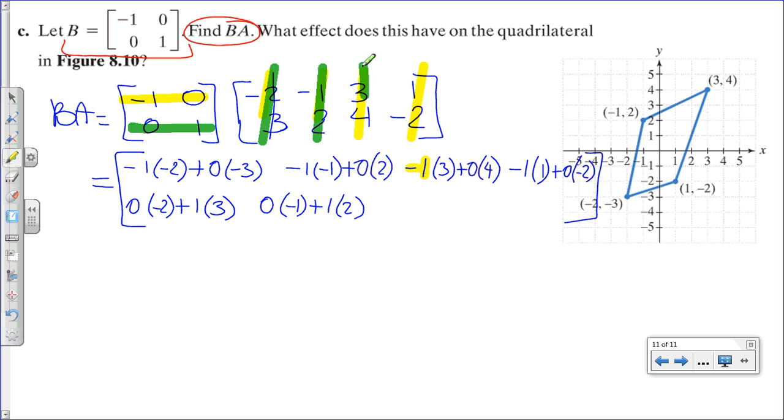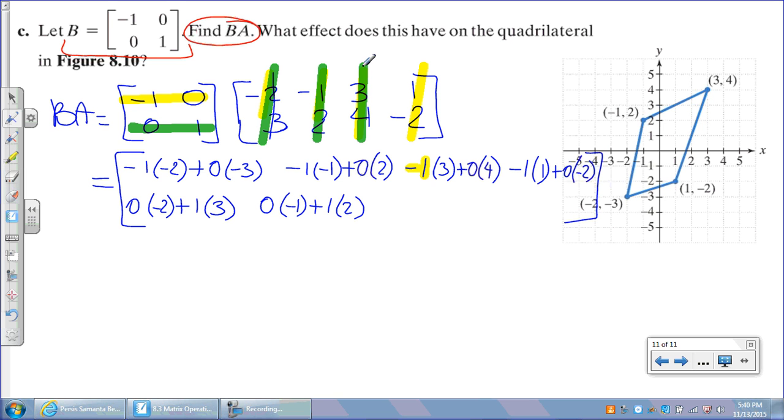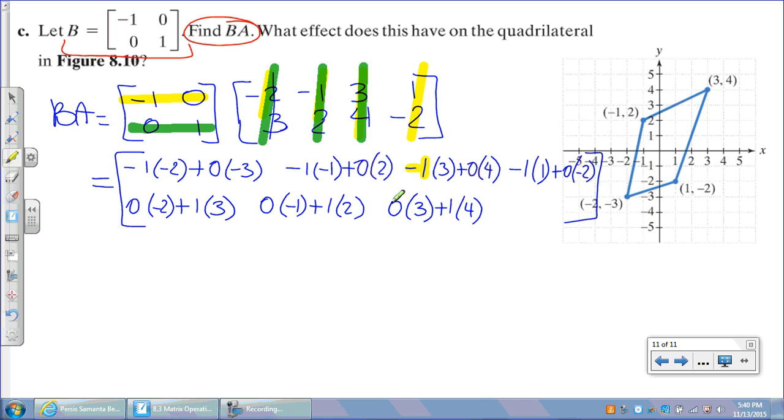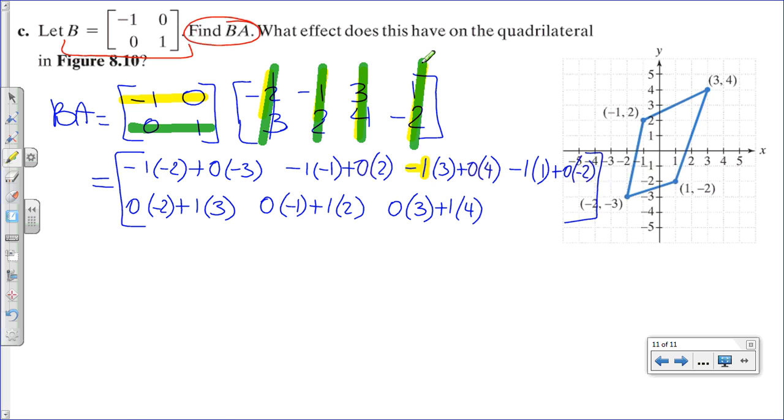Then we move to the third column, still second row. And that will be 0 times 3 plus 1 times 4. Then we have second row, fourth column, and that will be 0 times 1 plus 1 times negative 2.